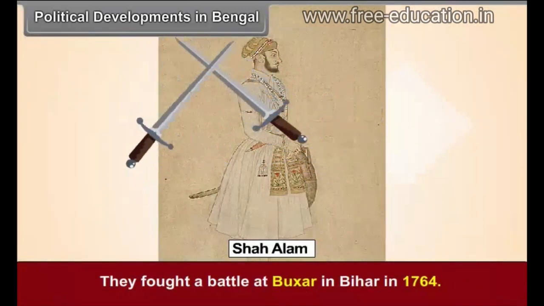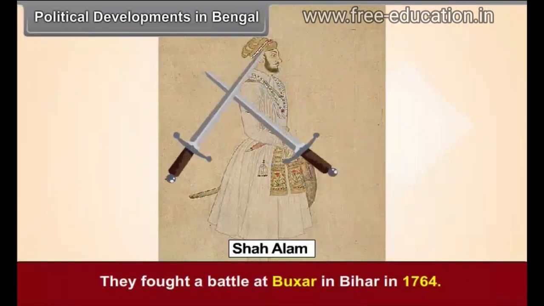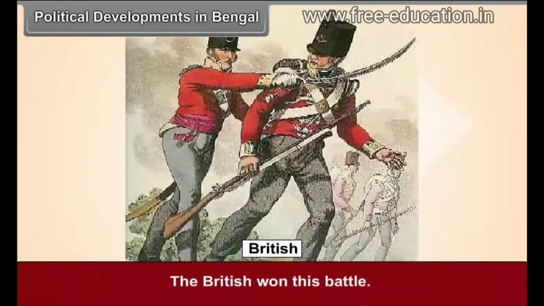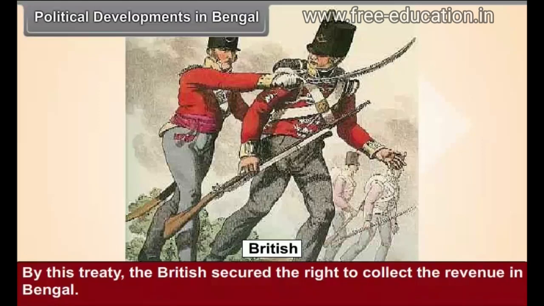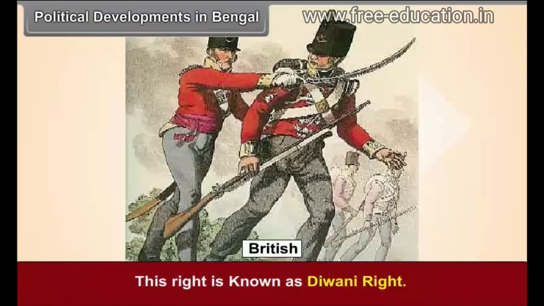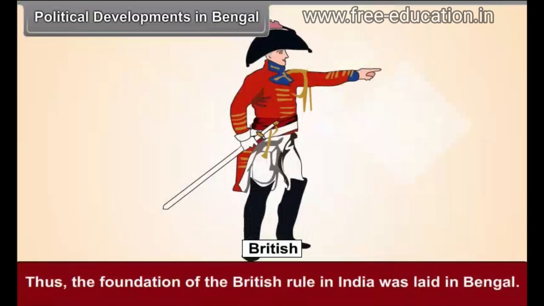They fought a battle at Buxar in Bihar in 1764. The British won this battle. After this battle, a treaty was signed at Allahabad. By this treaty, the British secured the right to collect the revenue in Bengal. This right is known as Diwani right. Thus, the foundation of the British rule in India was laid in Bengal.